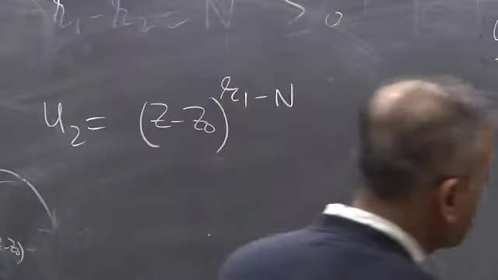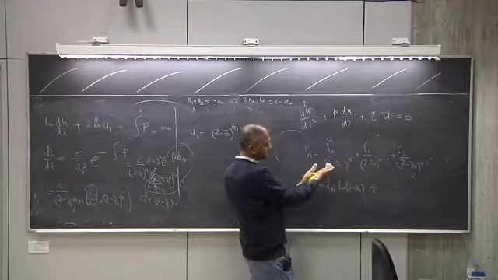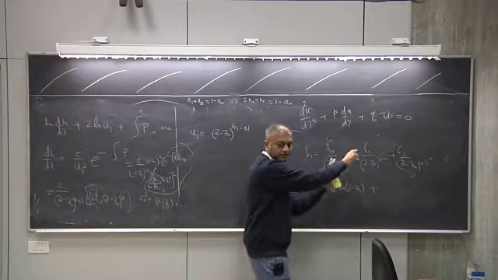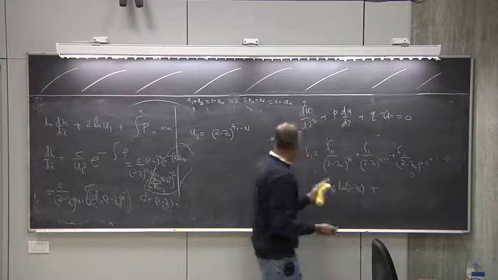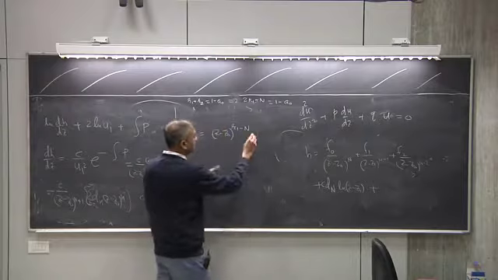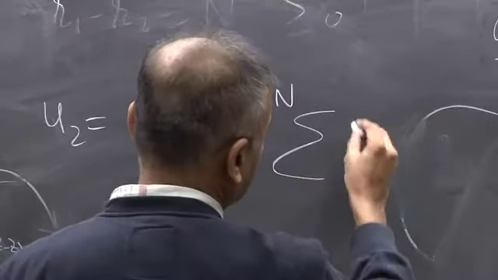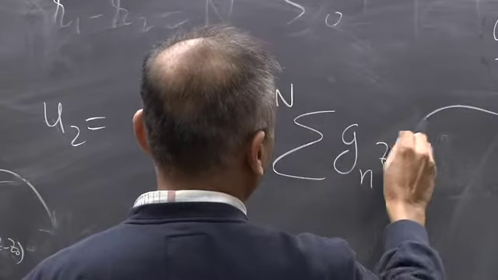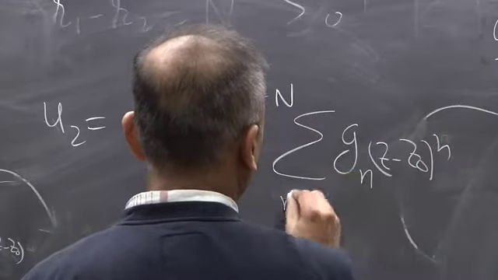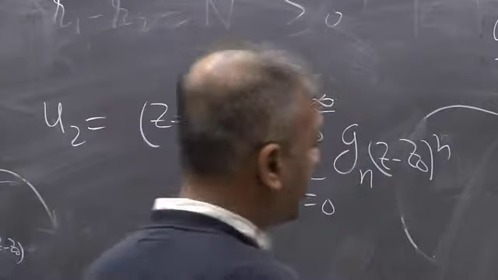After all, for the rest of the terms, I can take out 1 over Z minus Z0 to the capital N, and then write everything else as some analytic Taylor series. So I just take the leading term, and then some expansion, let's call it gn times Z minus Z0 to the n, except for the log.